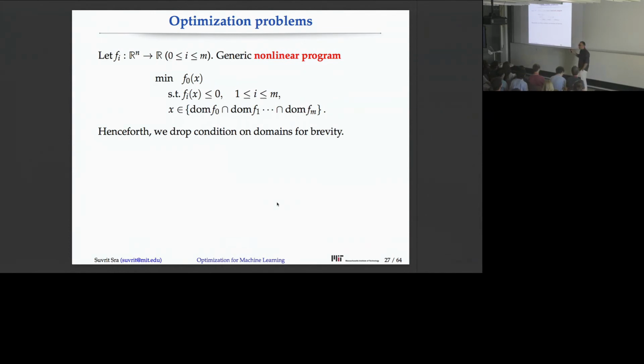It's tautologically true, but if you're formulating a problem, you may or may not a priori know whether your functions have an empty domain or not. If I give you a bunch of functions and ask you whether their domain intersection is empty or not, that's another optimization problem. We just assume that you did the modeling job correctly.